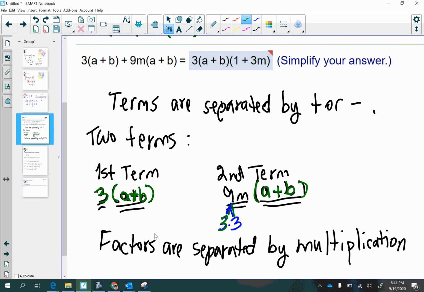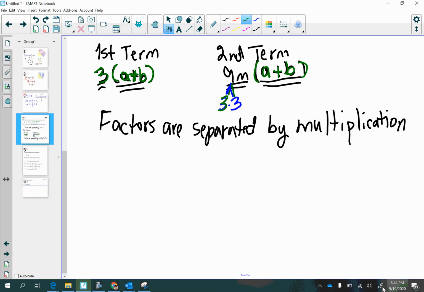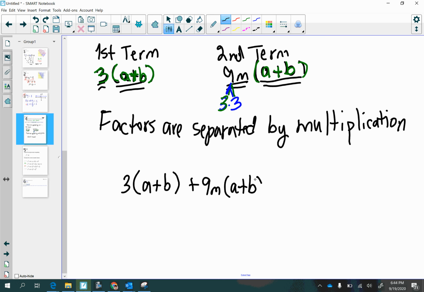So starting over from the beginning, 3 times a plus b plus 9m times a plus b. We can rewrite this as 3 times a plus b plus 3m times 3 times a plus b.